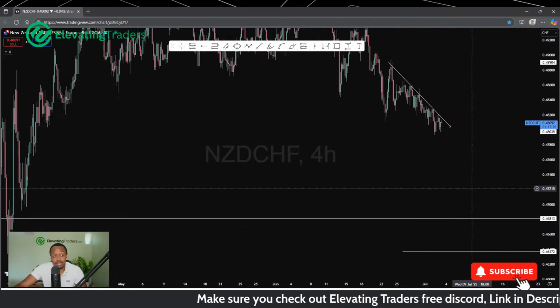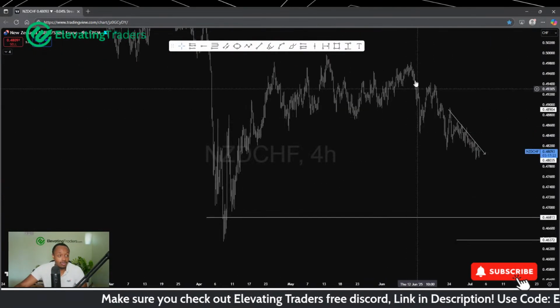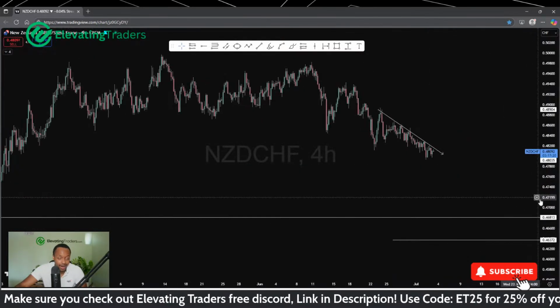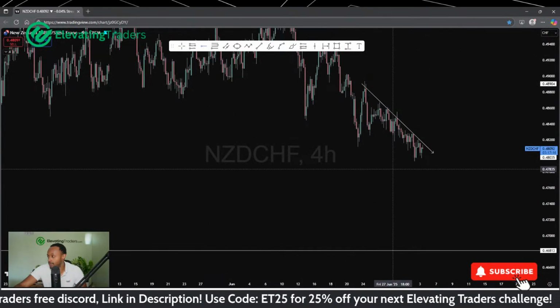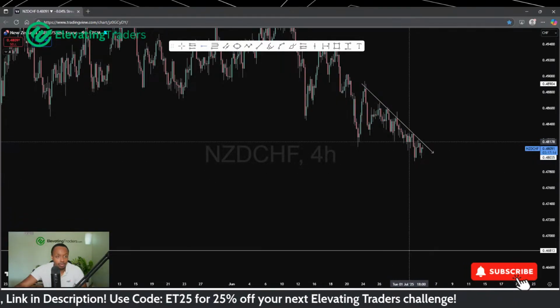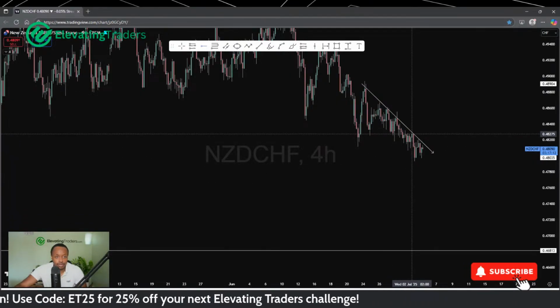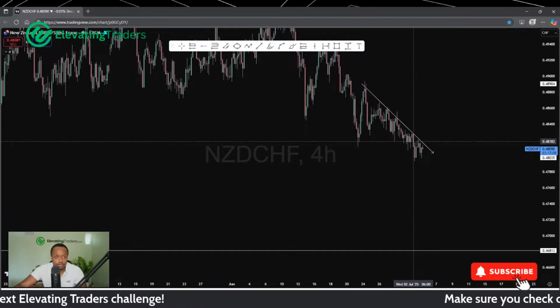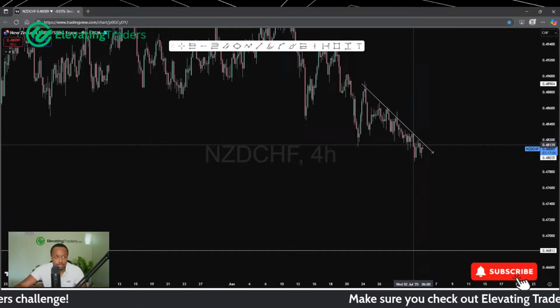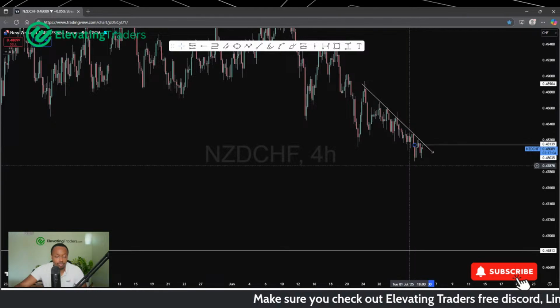Like I said, I wouldn't be expecting price to get there now that we've broken the consolidation, but that would be my bias. You said you got an entry around 0.48140, which is around here roughly.